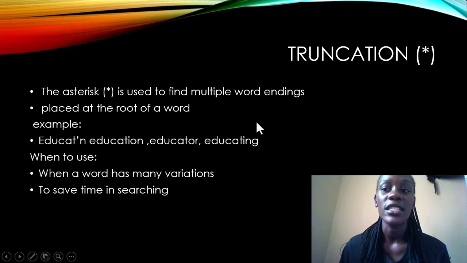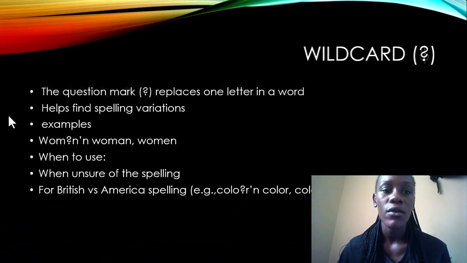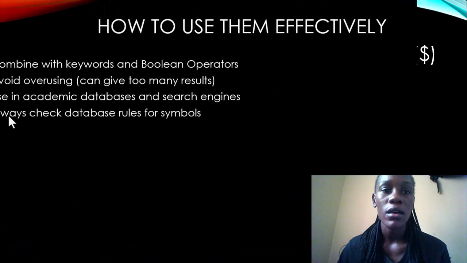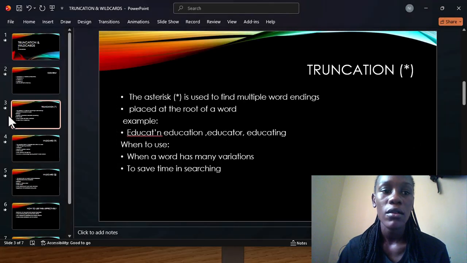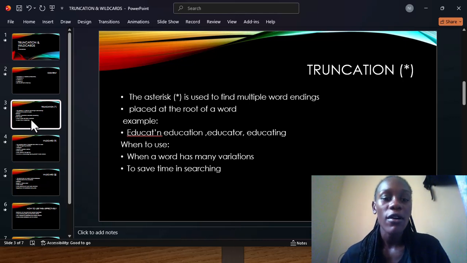So truncation as a star is used to find multiple word endings placed at the root of a word.